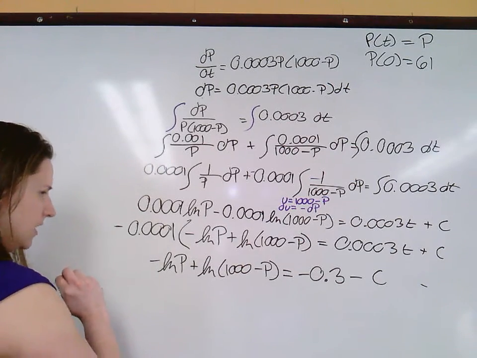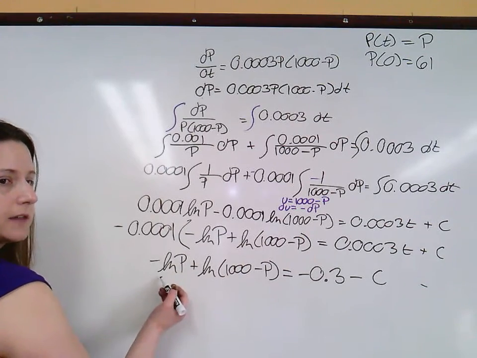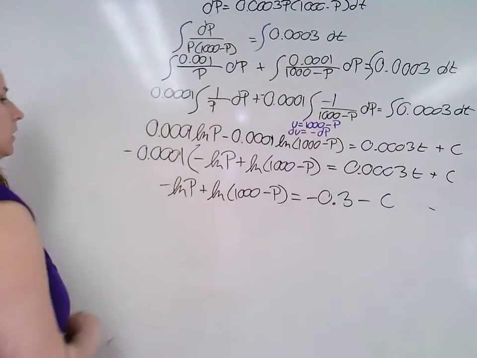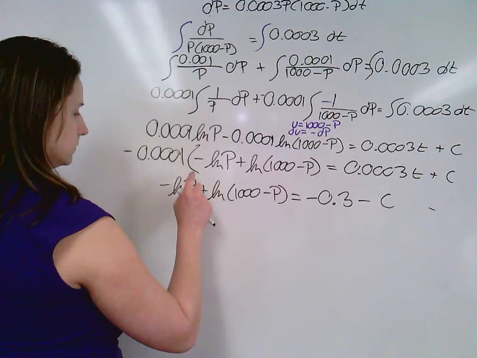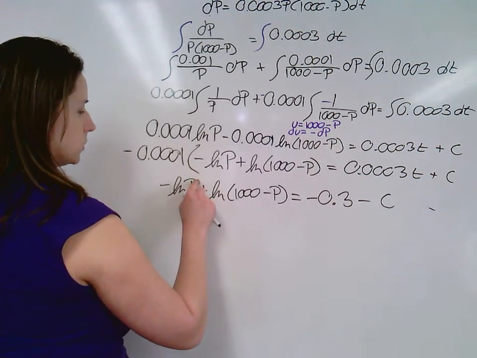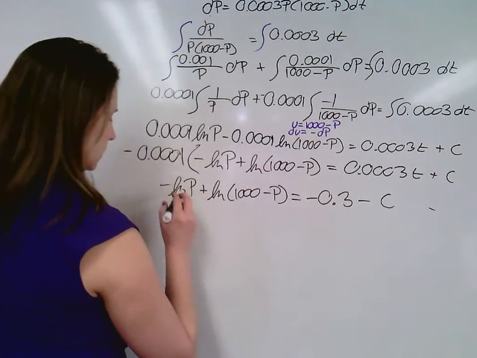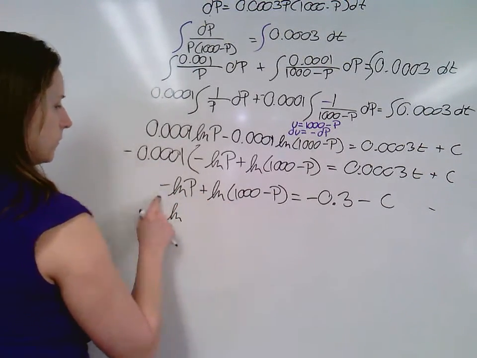So you can look at it like this, ln of 1,000 minus p minus ln of p to do the quotient rule. Or you could do what we did on the last one. We did bring the p here, so you have p to the negative 1 times 1,000 minus p, and then the p would go on the bottom. So I'm going to do ln of 1,000 minus p minus ln of p to be able to do the quotient rule.